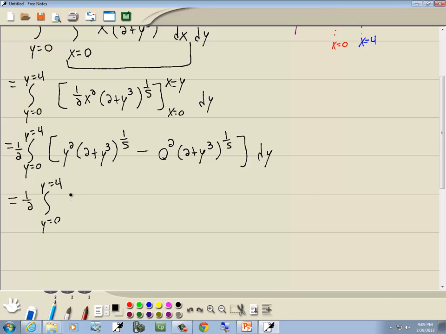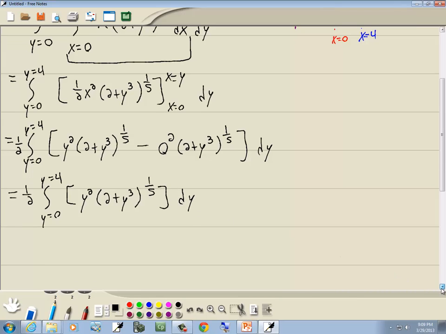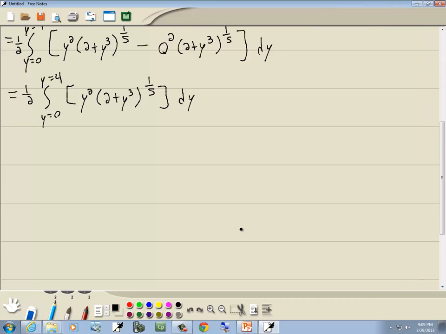So then we're left with y squared here, and 2 plus y to the third to the 1/5 power dy. Well, now when I take the integral with respect to y, we use the U-substitution. So we'll let u equal to what's inside the parentheses, which is 2 plus y to the third. du: 2 drops away.